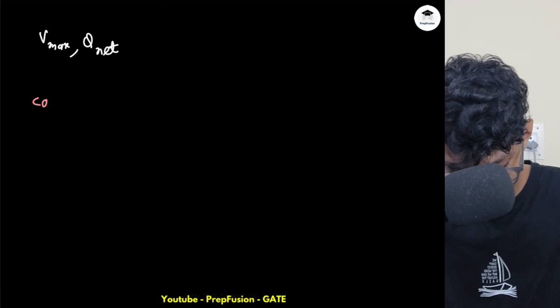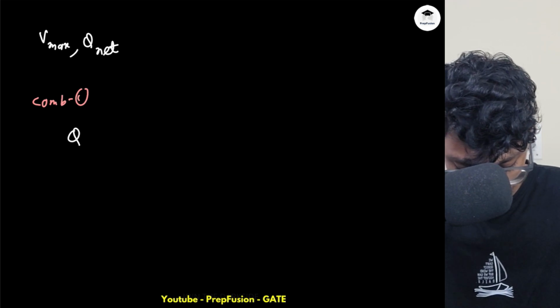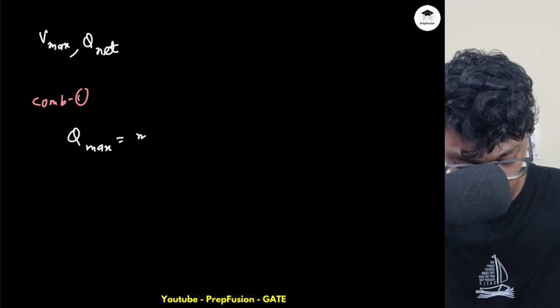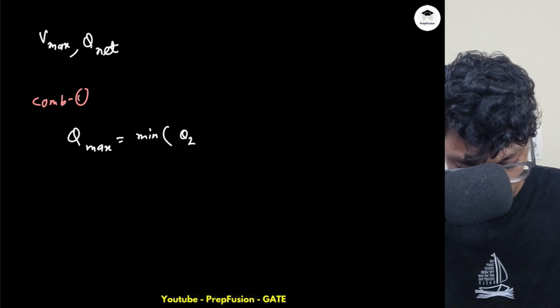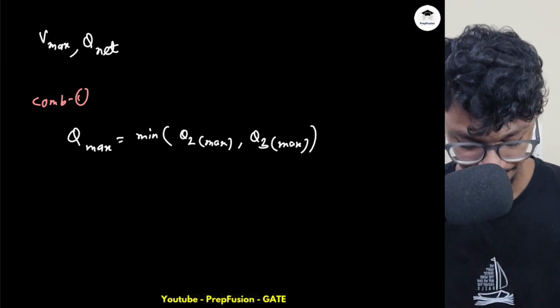For combination 1, Q max, because charge is the same, will be the minimum of Q2 max comma Q3 max, because this is C2 and C3.